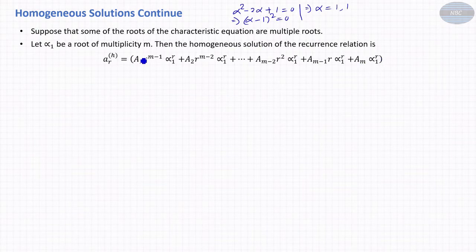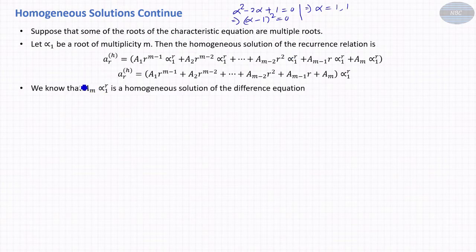See here, there are m terms because alpha 1 is a root of multiplicity m. In each term we have alpha 1 to the power r, so alpha 1 to the power r can be taken as common and written as (A1 r to the power m minus 1 plus A2 r to the power m minus 2 up to Am). In the bracket, alpha 1 to the power r is taken as common from all the terms.